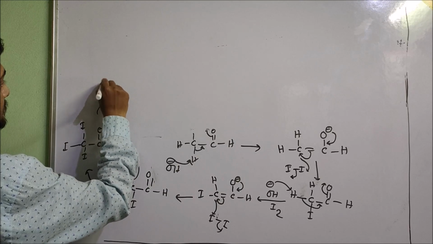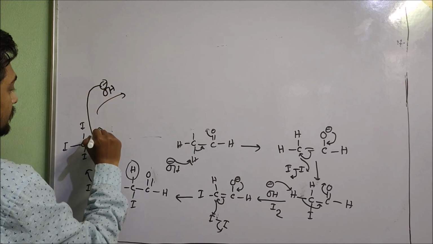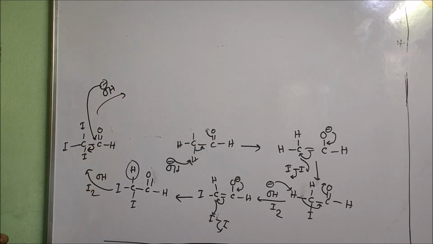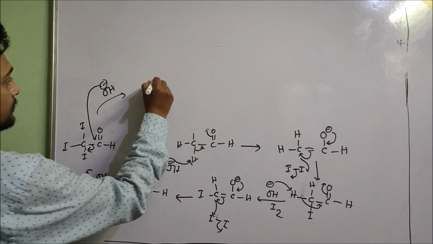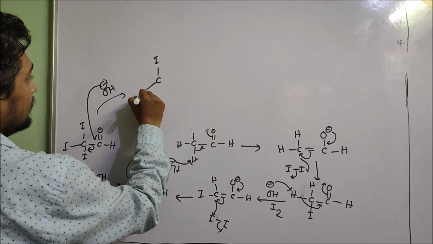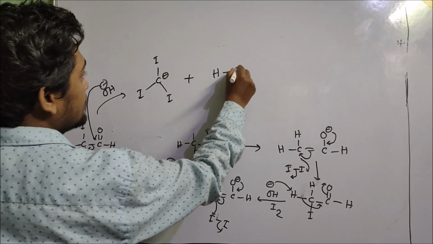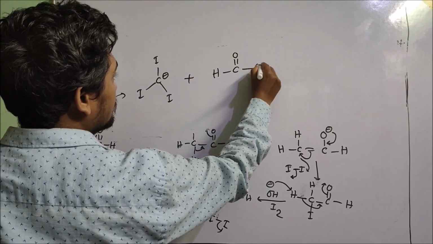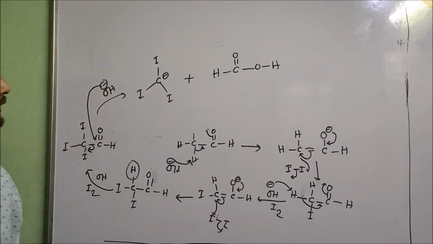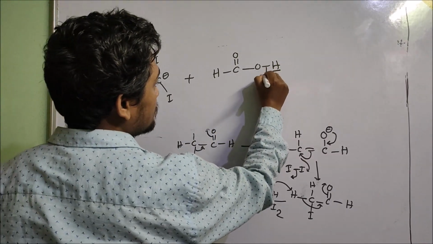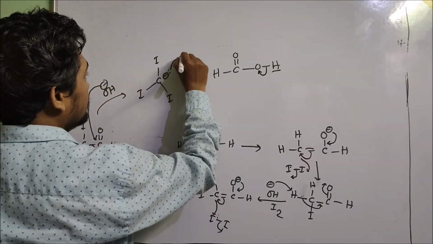Now OH minus will attack this carbonyl group. This one will go out, and we will have CI3 negatively charged plus HCOOH, and this is an acidic hydrogen, so it will go, and this no longer will take H plus.